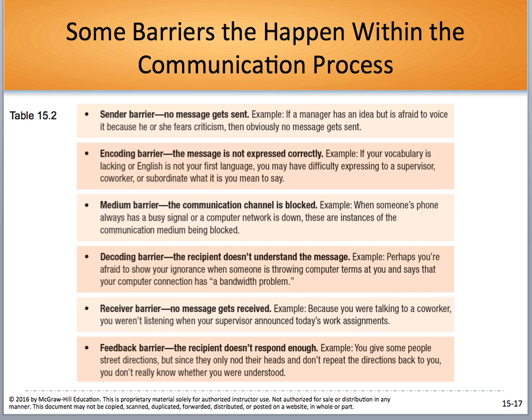So if your vocabulary is lacking, or if English is not your first language, you may have extreme difficulty expressing to anyone what you're trying to say. So then the message is encoded improperly, which means it's going to be decoded improperly. A medium barrier is when that communication channel is totally blocked, right? The computer network is down, internet is down, your phone line is busy. There's no way for a person to be able to reach you through that medium.